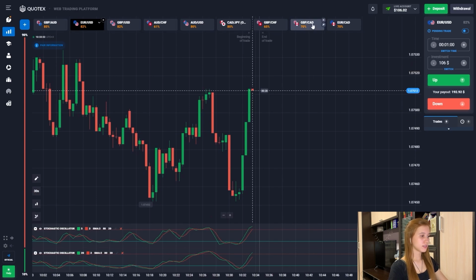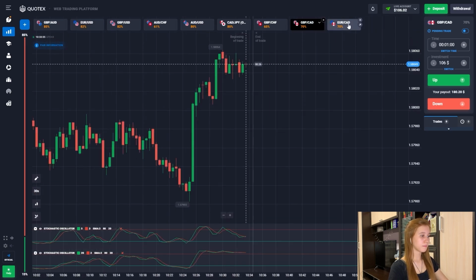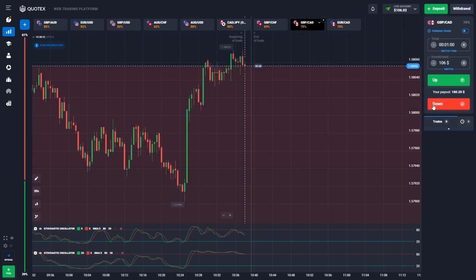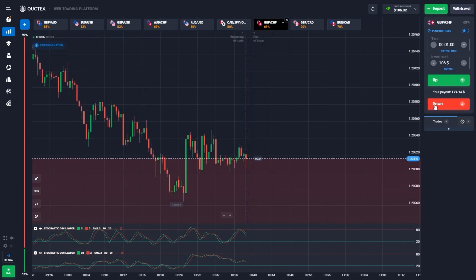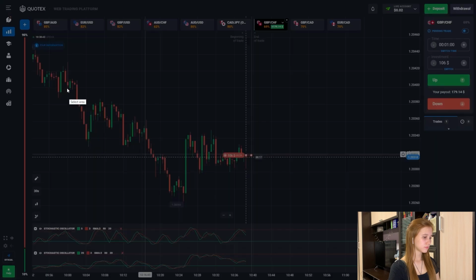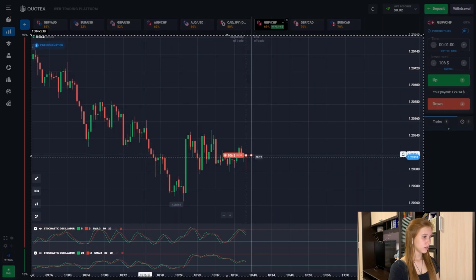And let's change the currency pair for a successful deal. So let's go down here. We see that there are two signals of the stochastics for a fall.